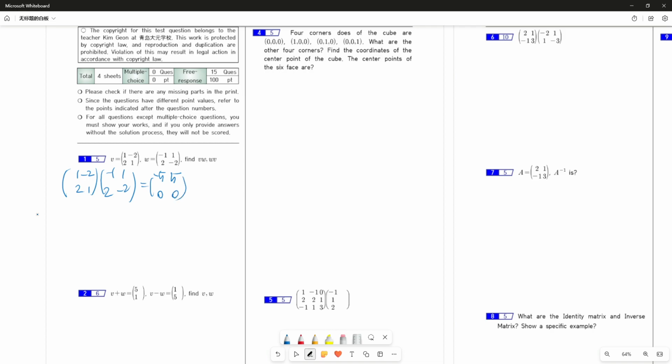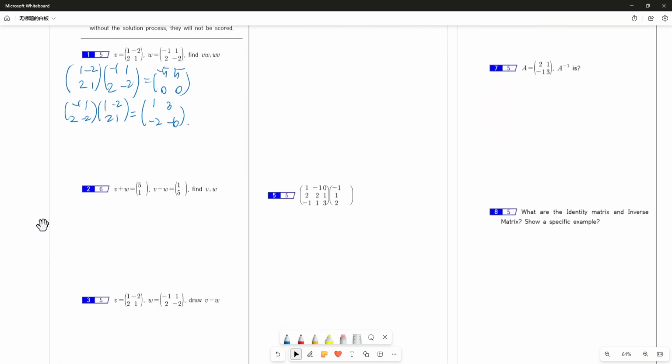And W product V equals minus 1, 1, 2, minus 2, product 1, minus 2, 2, 1, equals minus 1 plus 2 equals 1, and 2 plus 1 equals 3, and 2 minus 2 equals minus 2, and minus 4 equals minus 2 equals negative 6.